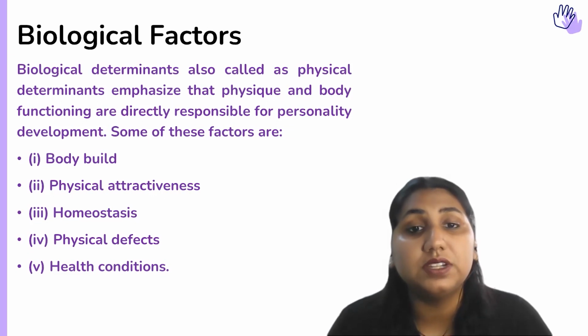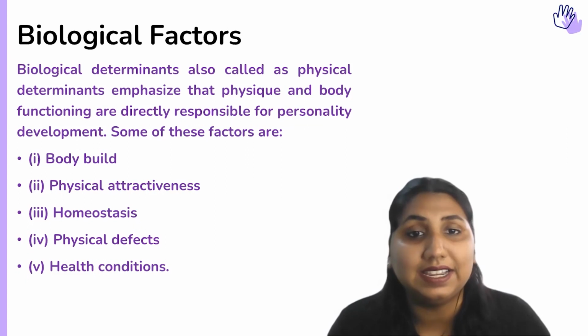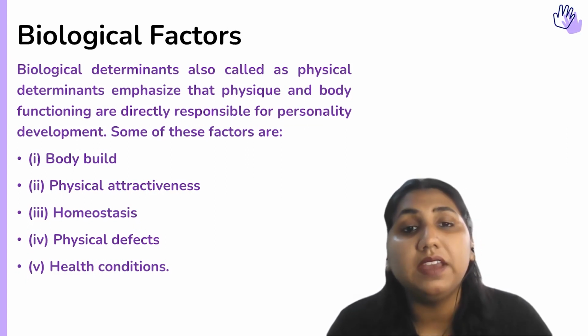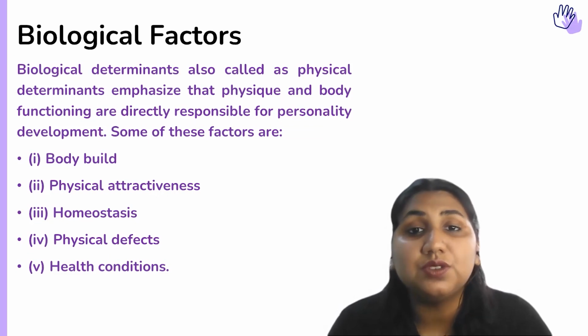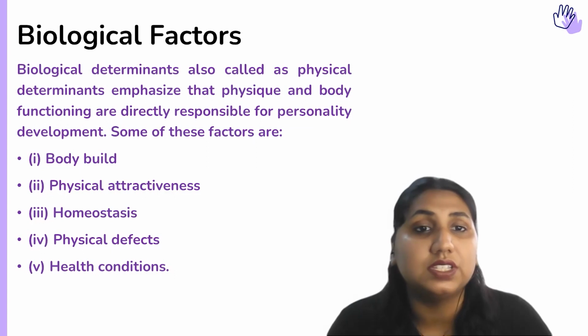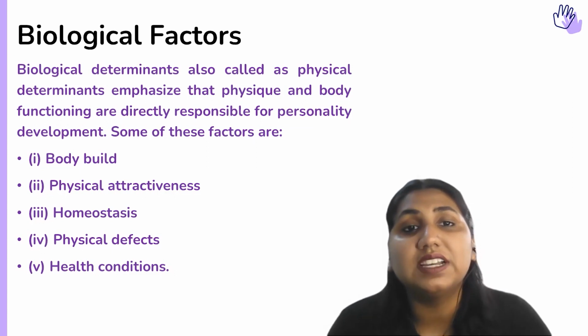Any disturbance in homeostasis can directly affect personality, or it can also lead to certain indirect effects, because when the level of homeostasis is disturbed, behaviors such as irritability, indigestion, insomnia, and other uncomfortable states often result, which can lead to a person presenting themselves as someone who's constantly on edge or constantly feeling anxious.